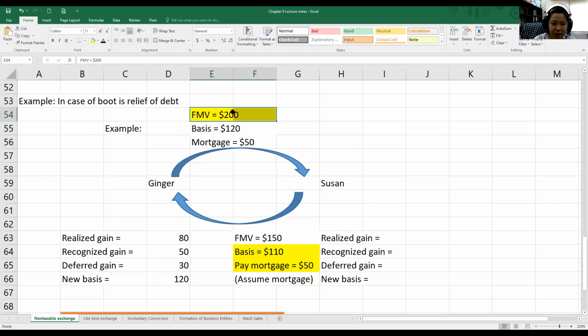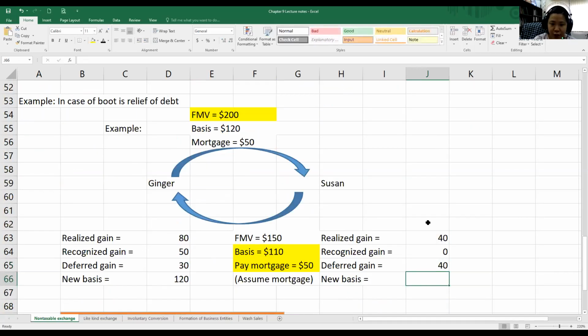So in this case, she gains 200 minus the basis that she sacrificed, 110, and also she has to pay 50 for the debt, so she gained 40. Now Susan is the one who paid the boot, or the mortgage, so she doesn't recognize any gain. Her deferred gain will be exactly 40.